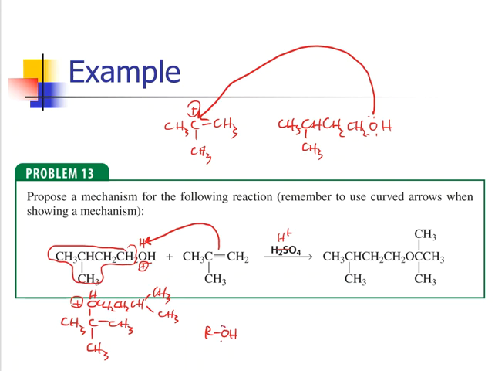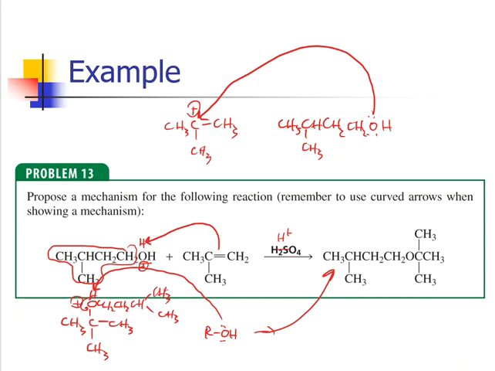Well, this is a free set of electrons. Those electrons are attracted to that hydrogen. The bond between the O and the H, that oxygen gets those electrons as well. And now we get a rearrangement that begins to happen, and we get that product. Doesn't quite look like that product, but it is. It's just differently drawn on a sheet of paper.